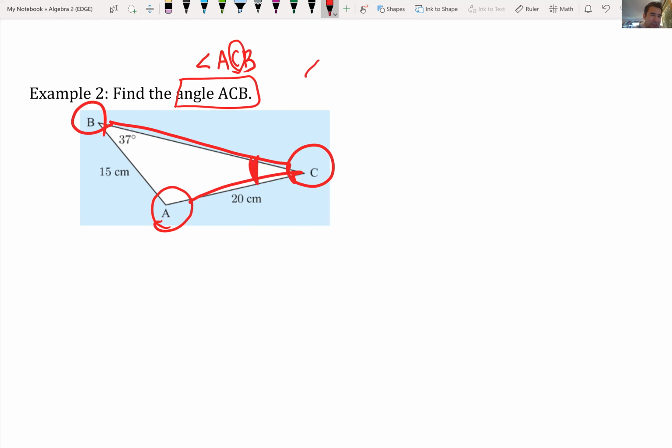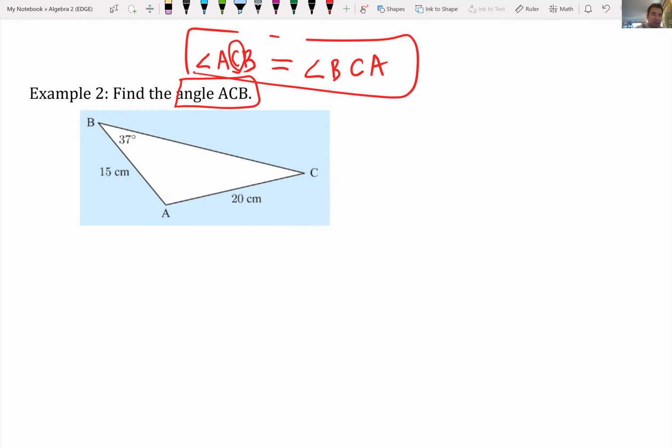You could also say angle BCA, they are the same thing. But usually they use the alphabetical ACB instead of BCA, but they are actually the same thing, okay? So we are talking about this angle right here, okay? So we want to figure out what the X is.